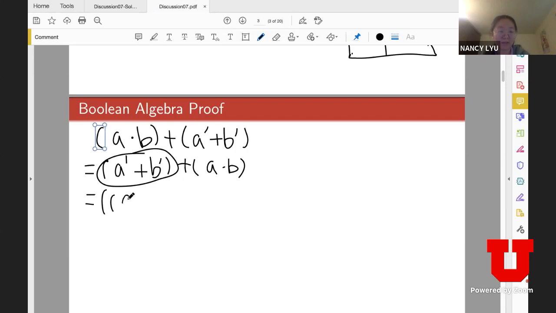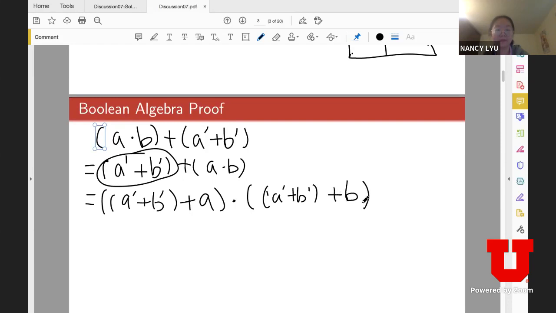So we have A complement plus B complement, plus A, and we need to multiply that with the A complement. So this part is commutative. This is distributive. Okay.